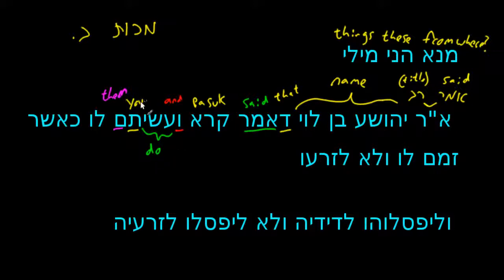So it's and you shall do to them. Okay, and when we do Chumash Tiktuk, this will make more sense, but this is a complicated multiple conjugations in a single word, so don't worry about that, but that's what it means.